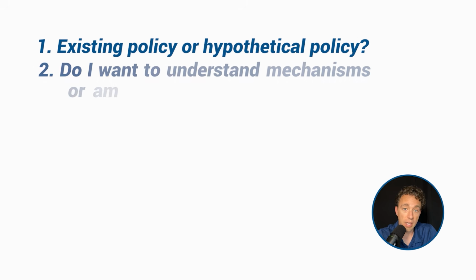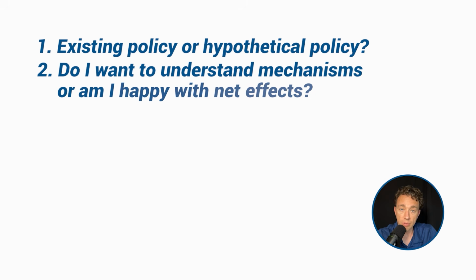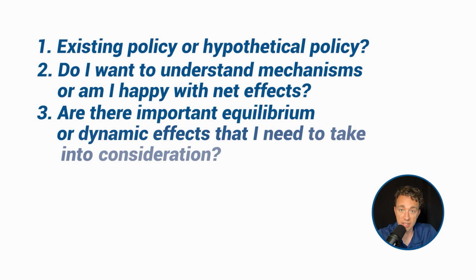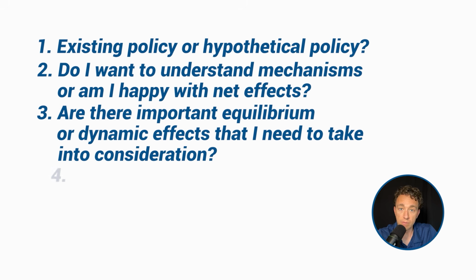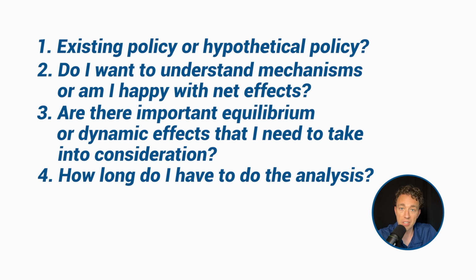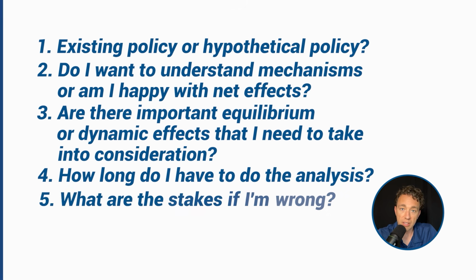Next, do I want to understand mechanisms or am I happy with net effects? Third, are there important equilibrium or dynamic effects that I need to take into consideration? Fourth, how long do I have to do the analysis? Is this something that I need next month, or is it okay if I have a number in 2 years? Finally, what are the stakes if I'm wrong? That's another thing to keep in mind as you consider the trade-offs between less structure and more structure.